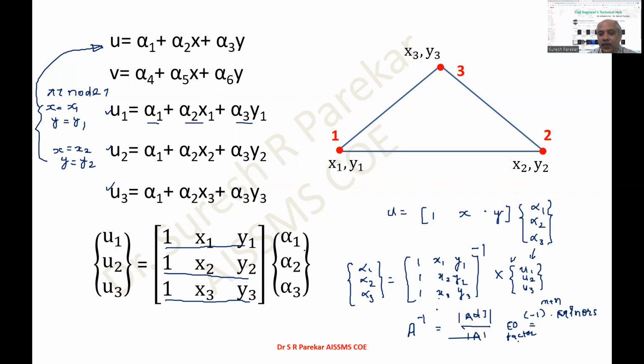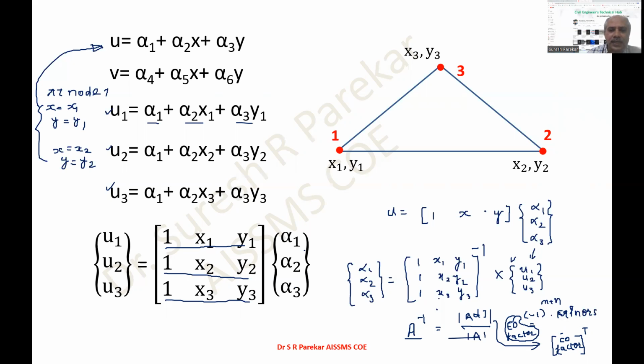And then the adjoint is the transpose of the cofactors. So first we have to find the cofactor of each element. Knowing the cofactor of each element, we make its transpose, and by making the transpose I get the adjoint, and A inverse is adjoint upon determinant.